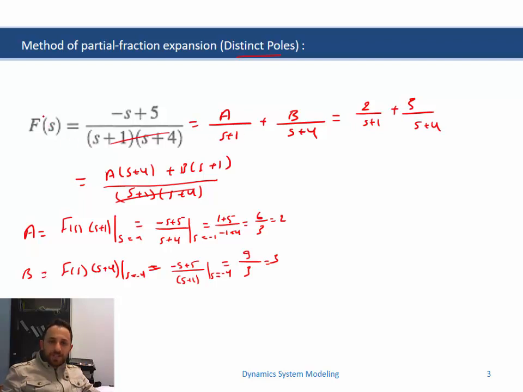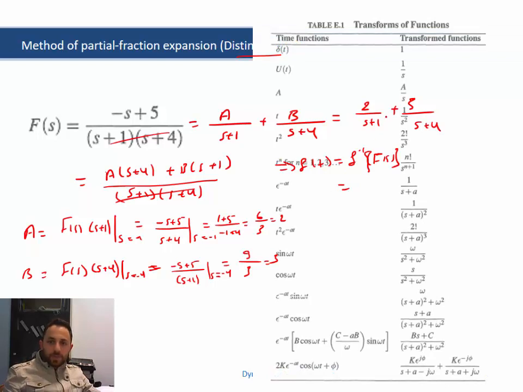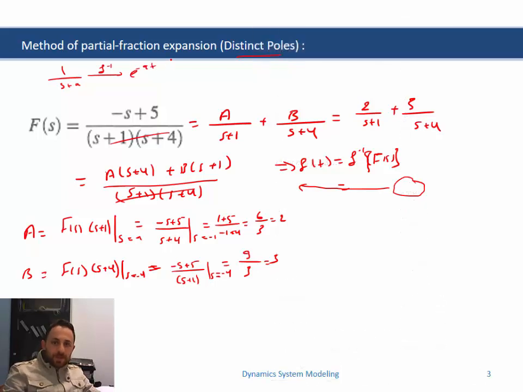Now we can determine f of t, right? In order to obtain f of t, we need to perform the inverse Laplace of F of s. So we can use the table. We look over 2 over s plus 1. In order to obtain the inverse Laplace, we go in the opposite direction. So we can write it down: 1 over s plus a, inverse Laplace, it is e to the power minus a t.